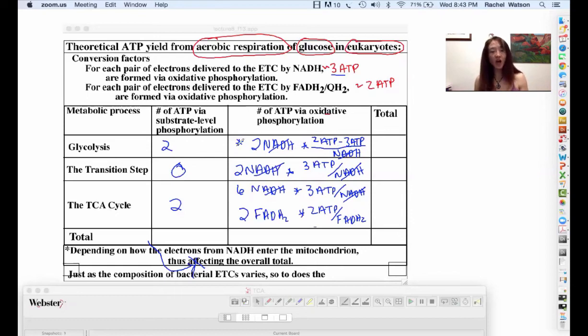So I put a star on this, and I want to go ahead and write that down so that we make sure we're clear. Depending on how the electrons from NADH enter the mitochondrion, this number varies. So this number varies and could be anywhere from 4 to 6.